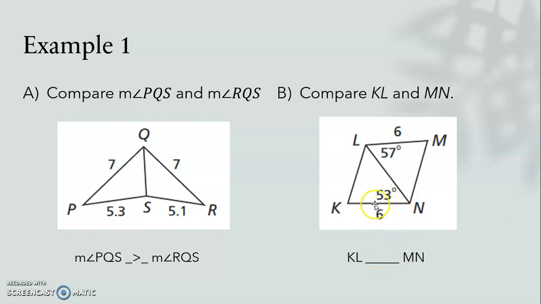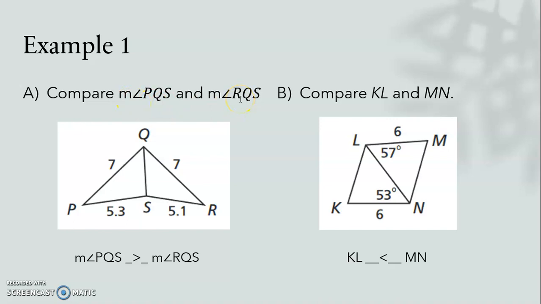Okay, so I know that 53 is smaller than 57. So MN is bigger than KL. So I can write this. KL is less than MN. Now notice in both of these examples, when I wrote my inequalities, I kept them in the same order that they were in the question.